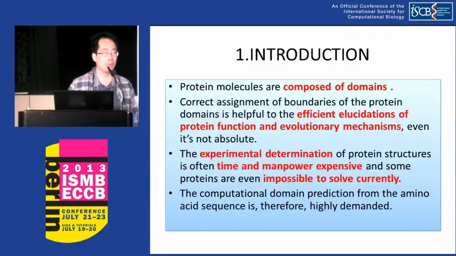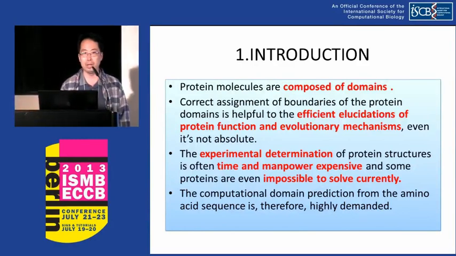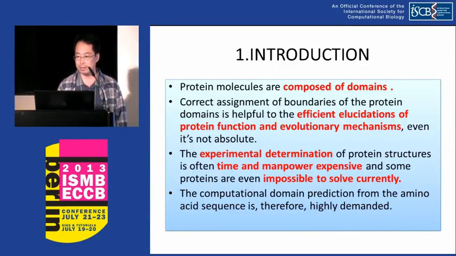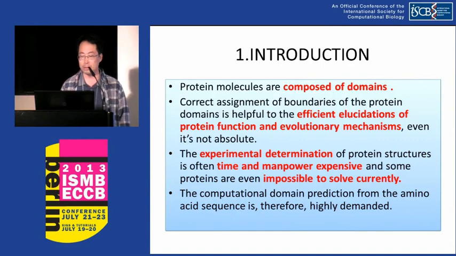Proteins are composed of domains. Assigning domains is important to efficient elucidation of protein functions and evolutionary mechanisms, even if not absolute.